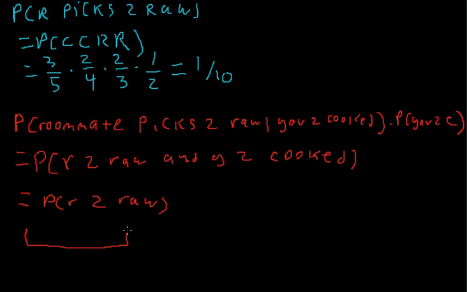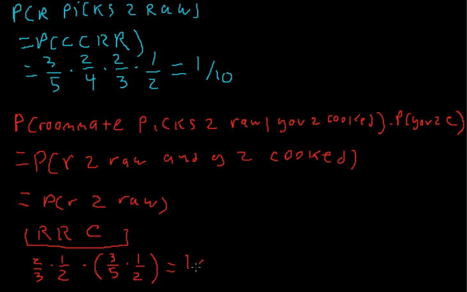And then the probability is that he picks a raw and a raw, so it's 2/3 times a half. And then you multiply that times the probability that you pick 2 cooked eggs, which is 3/5 times a half, and then we get the exact same stuff that we had above, and that's also a 10th.